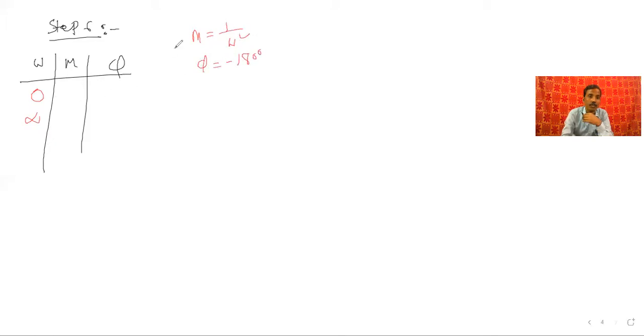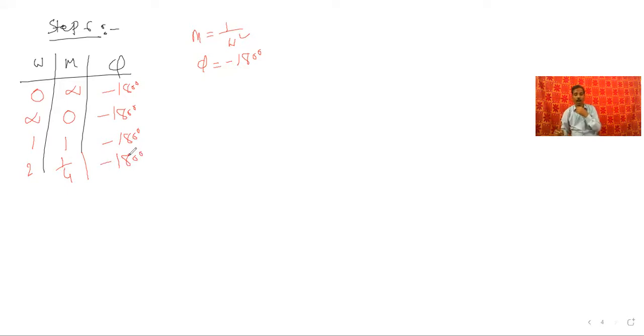So put omega equals 0, then magnitude equals something by 0, infinity. And this is always minus 180 degree. Put omega infinity, something by infinity, 0, and phase angle minus 180 degree. Put omega 1, 1 by 1 square, that means 1, and phase angle minus 180 degree. Similarly, for omega equals 2, 1 by 4, and phase angle equals minus 180 degree.